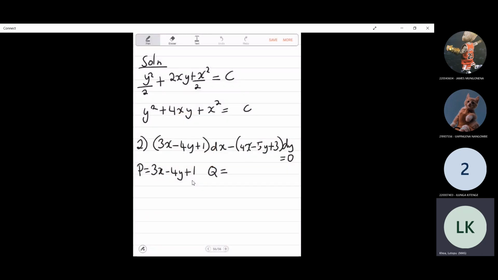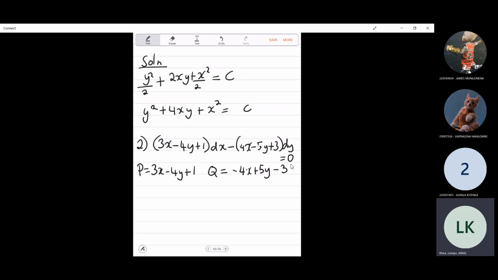So our q is going to be negative 4x plus 5y minus 3. So this negative I multiplied inside so that there is a plus between them. Okay, so it must be p dx plus q dy is equal to 0.